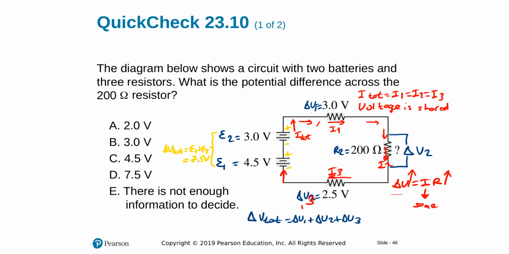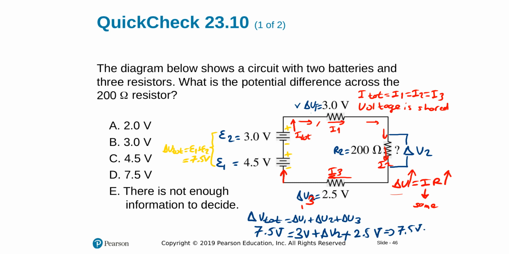Delta V tot is 7.5 volt. Delta V1 here, 3 volt. Delta V2, I don't know. Delta V3, 2.5 volts. And I'll solve for delta V2.